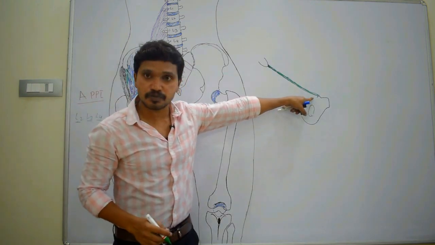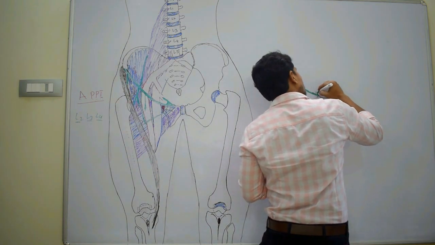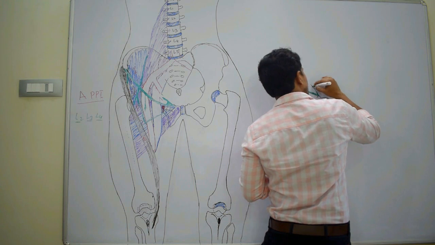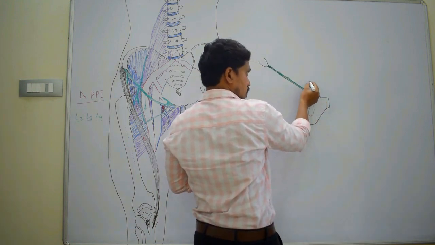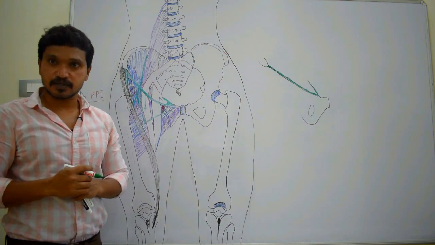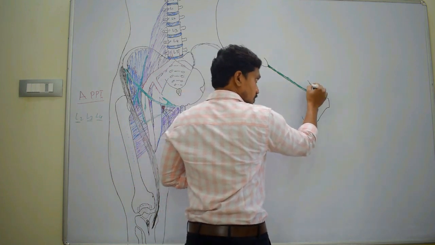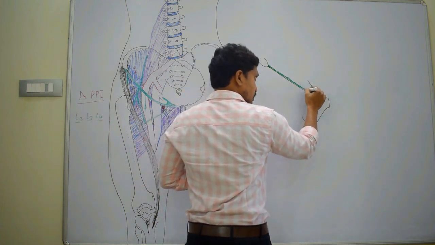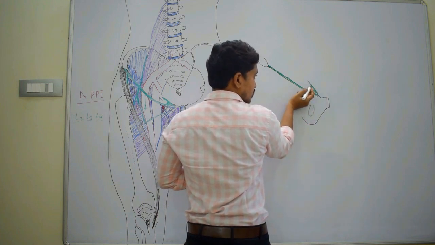After attaching to the pubic tubercle, it extends laterally and some fibers attach to the pecten pubis. This ligament we call the pectineal ligament. In between the inguinal ligament proper and the pectineal ligament, there is one more ligament. This ligament we call the lacunar ligament. So, this is the lacunar ligament, this is the pectineal ligament and this is the inguinal ligament.